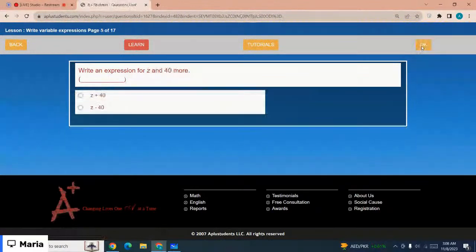Write an expression for z and 40 more. Which is the correct option? The correct option is z plus 40.